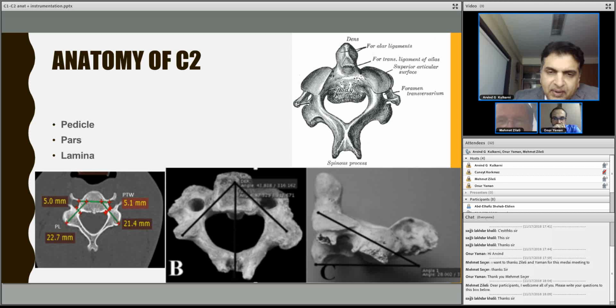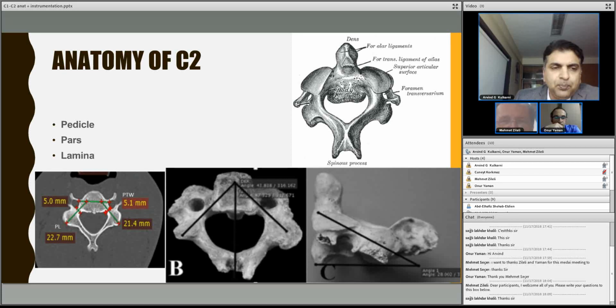So this is where it makes that particular groove, and this is very relevant because if you're planning to do a C1-C2 trans-articular screw, then this particular groove has to be absolutely shallow. If the groove is deep, then it may be impossible to put a trans-articular screw, and this happens in about 20% of subjects.